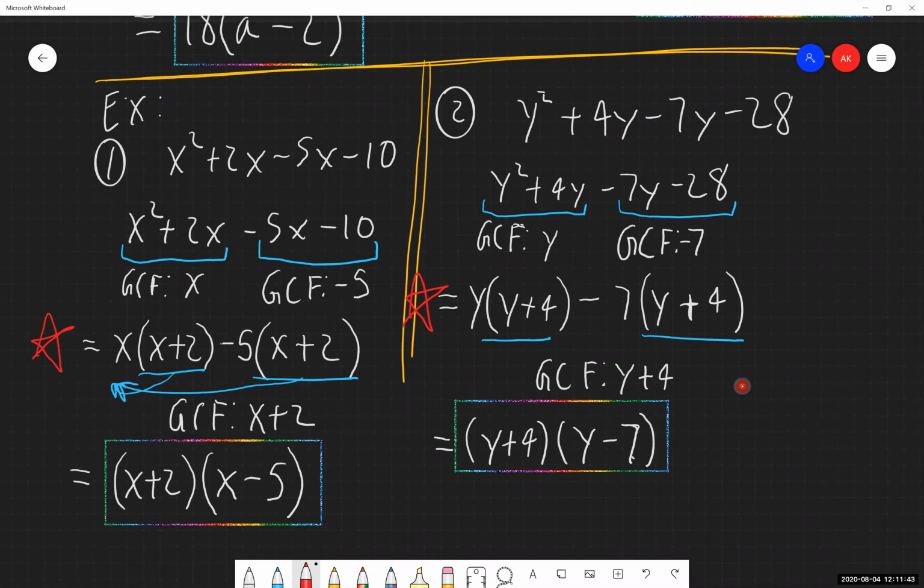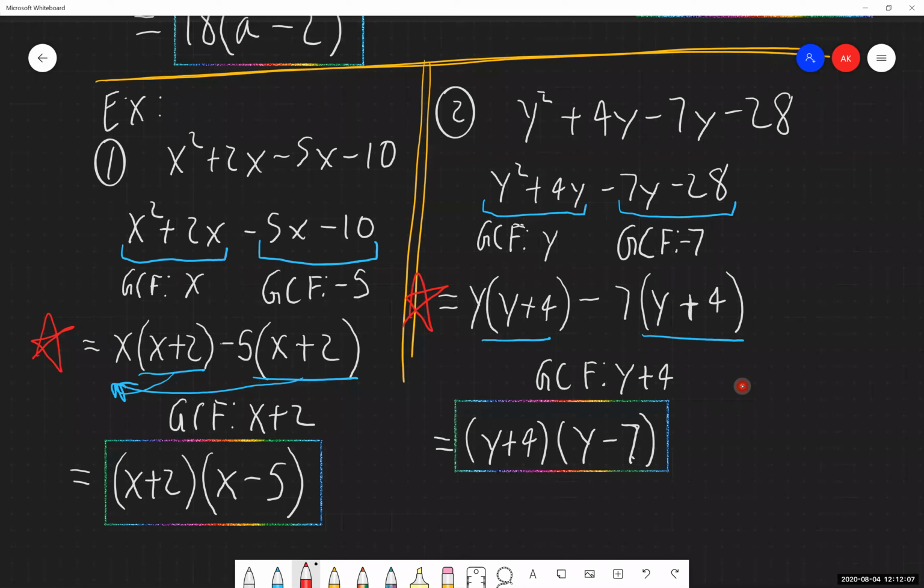In our second example, it was a y plus 4. Sometimes there will be positives, sometimes negatives in there. It doesn't matter. But we want to make sure that the binomial in that starred step is the exact same: the values, the signs, the variables, all of it.